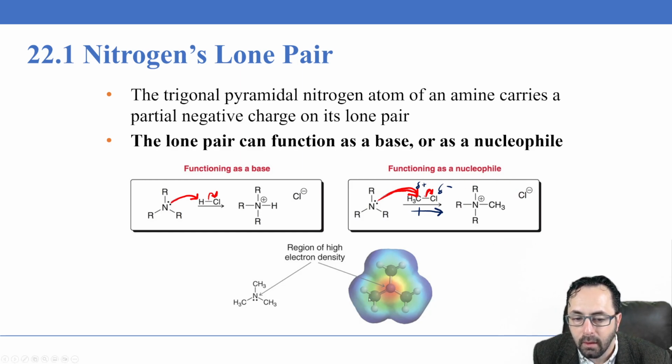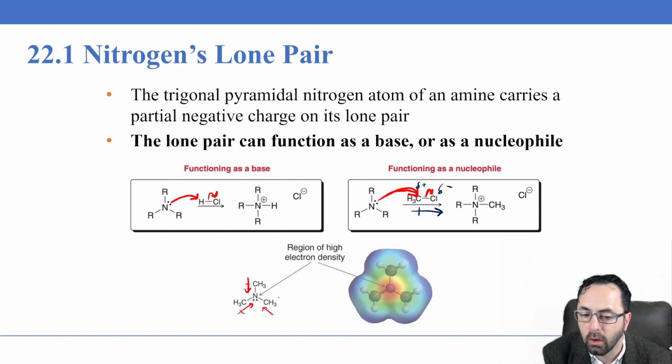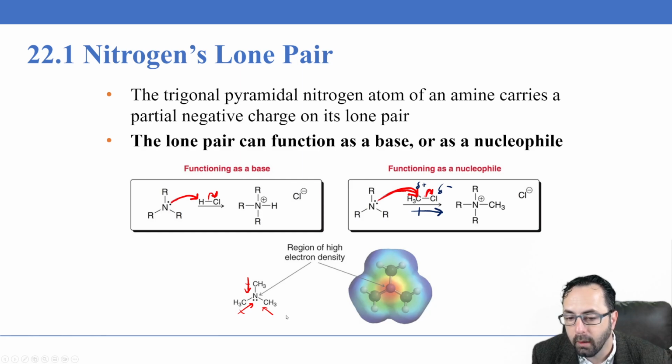You can see the reactivity of the lone pair of the nitrogen, and the fact that the nitrogen itself is quite negative in that region. The nitrogen is not the most electronegative atom, but it's among the most, and so the electron density gets pulled towards the nitrogen. Remember, the nitrogen here with the lone pair has a trigonal pyramidal arrangement.